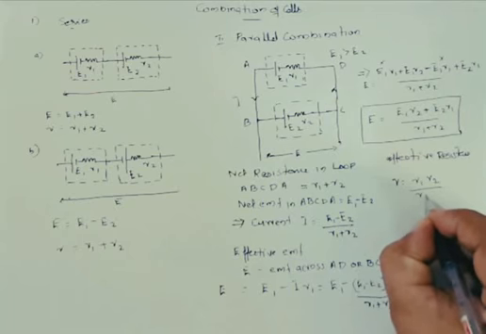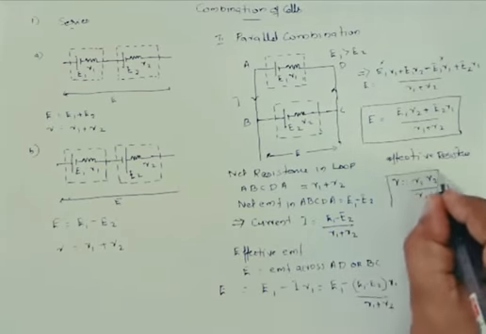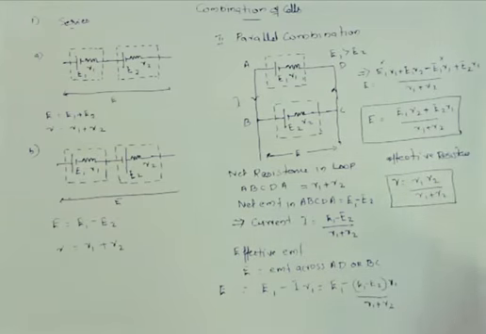The effective internal resistance R is equal to R1 R2 upon R1 plus R2. So you have got both the equations. Thank you for being with me for this short lesson. Thank you very much.